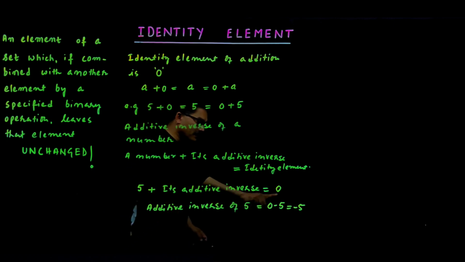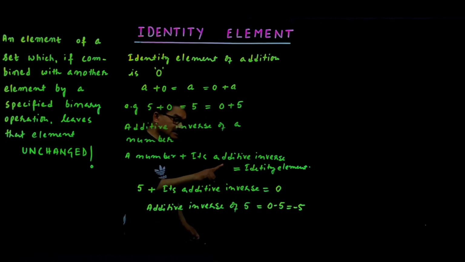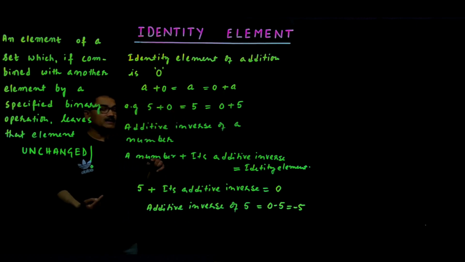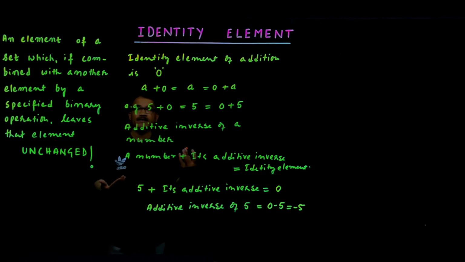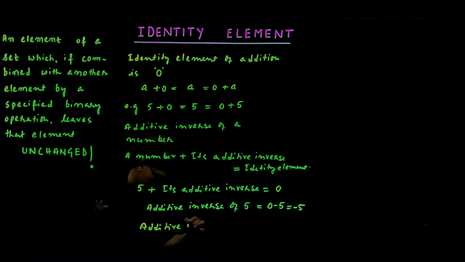So we will say that minus 5 is the additive inverse of 5, and conversely 5 is the additive inverse of minus 5. 1 is the additive inverse of minus 1 and minus 1 is the additive inverse of 1. Can you guess what is going to be the additive inverse of 0?